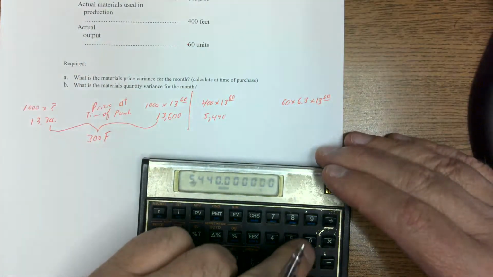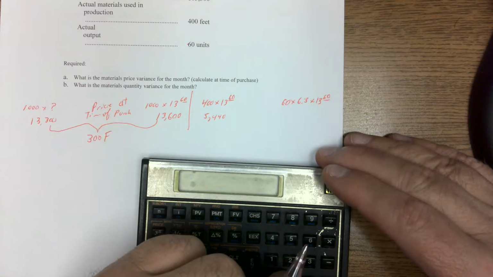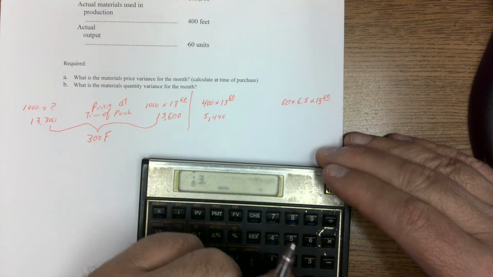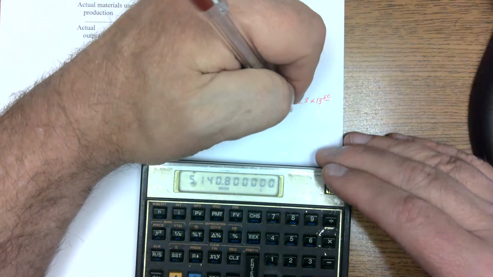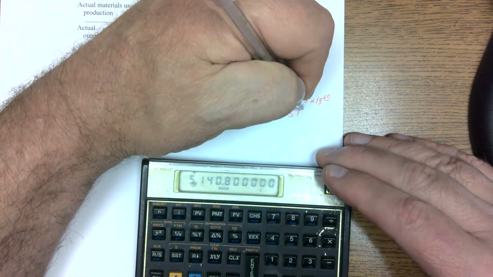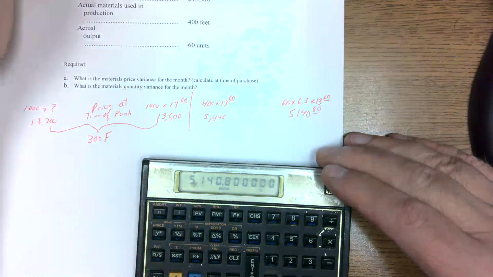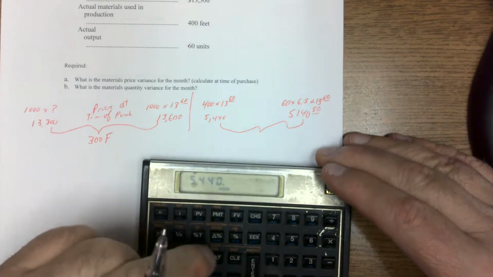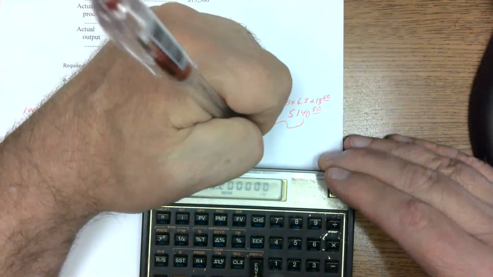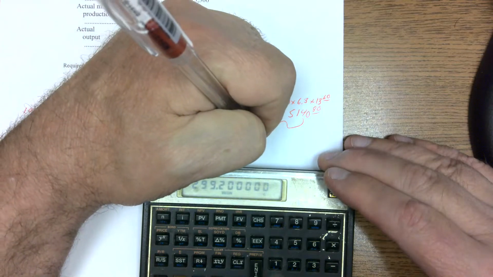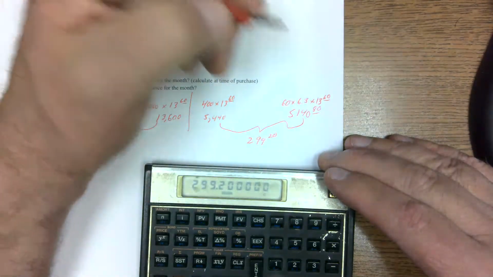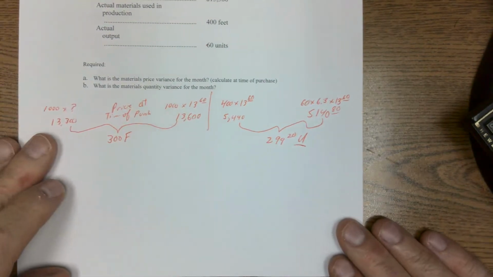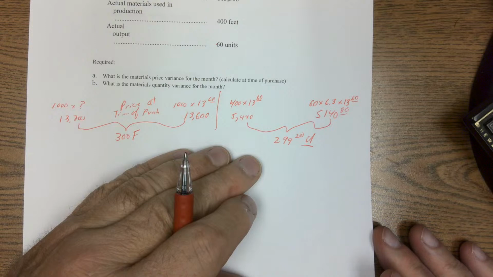And if we multiply that out, we get 5,140.80. And so we get $299.20, and that is unfavorable. Okay. That's that one.